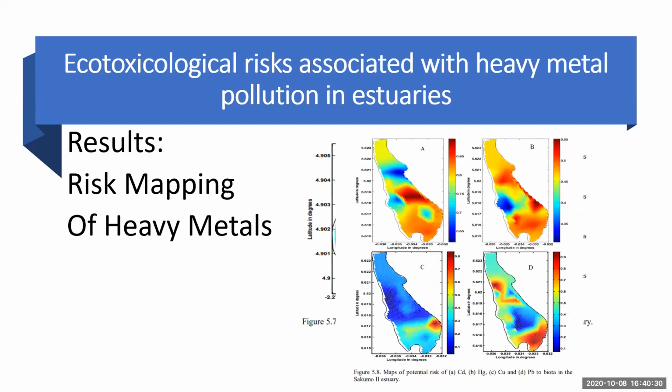Okay, the next map is the Sakumo estuary. For this one also, the metals that were identified as metals of potential concern were cadmium, mercury, copper, and lead.